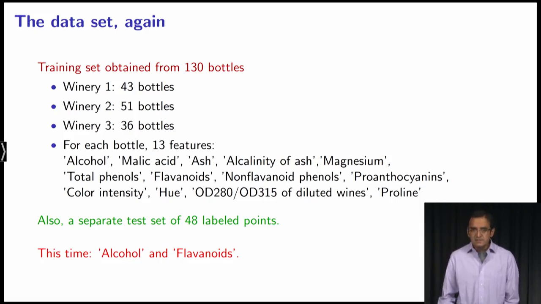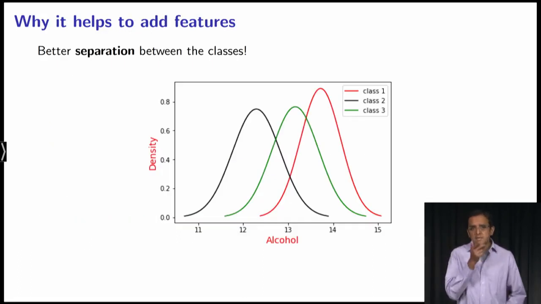And let's think at a high level first about why it might be helpful to throw in a second feature. What happened last time is we just had this one feature, alcohol, and we fit a Gaussian to the alcohol levels from winery 1, another Gaussian to the alcohol levels from winery 2, and a third one to the alcohol levels from winery 3.